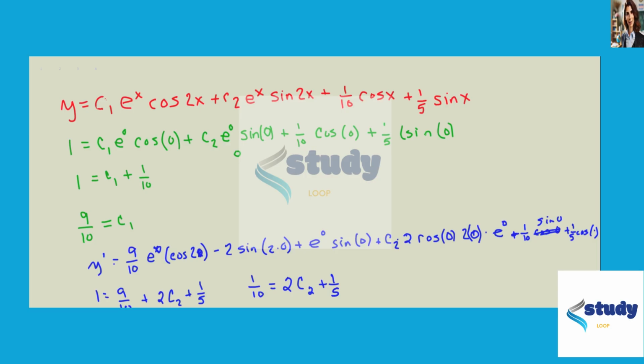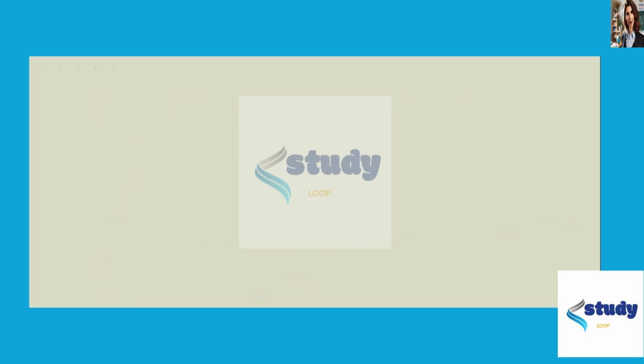So 1/10 minus 1/5, which is 2/10, gives me negative 1/10 equals 2 times c2. Multiply both sides by 1/2, and I get c2 equals negative 1/20. So that brings me to my final equation.